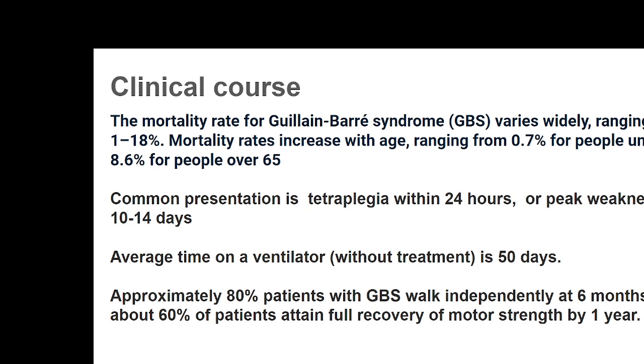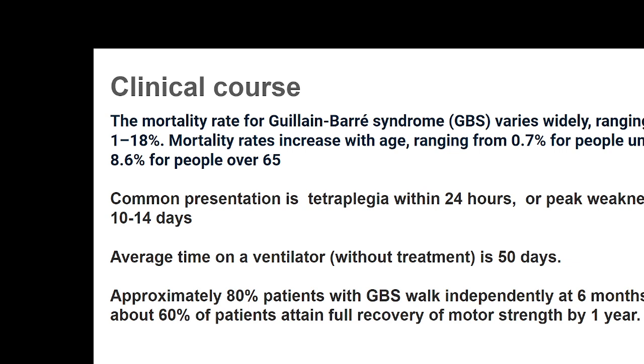Now, one of the major important parts of the management is, because it is the lower motor neuron involved, respiratory muscles will be involved, and hence the patients may have a respiratory paralysis, and hence Guillain-Barré syndrome patients in the initial stages may require ventilatory support. Even after ventilatory support, the mortality rate is around 1 to 18%, which is comparatively high, and it increases with age, ranging from 0.7% for people under 15.